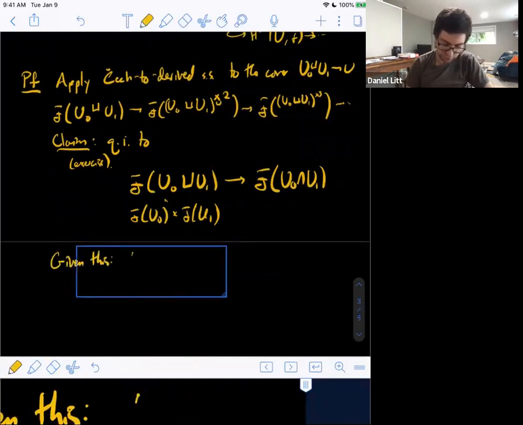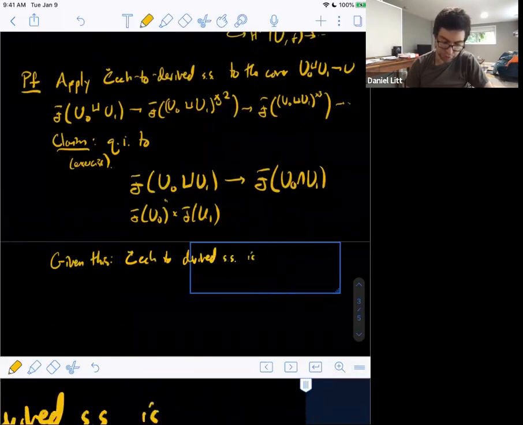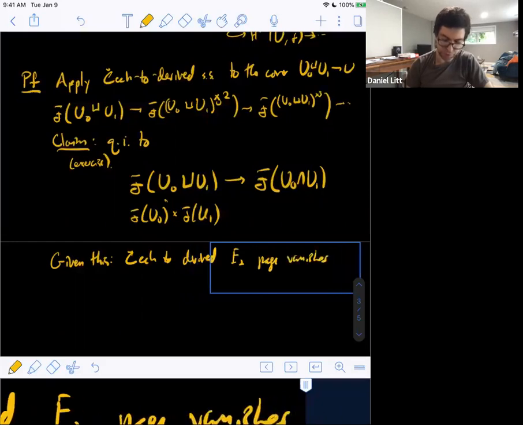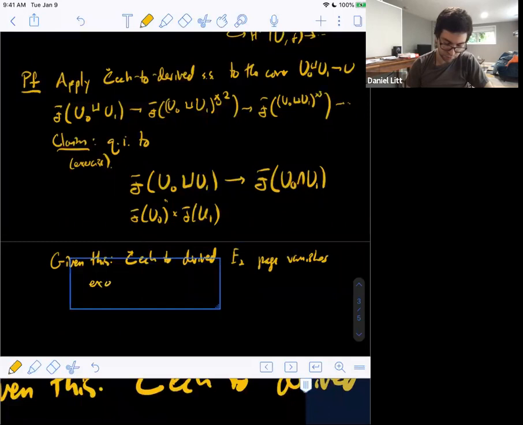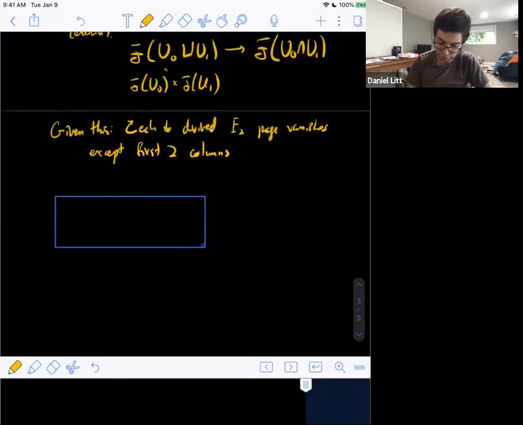the Čech-to-derived spectral sequence is now just, it vanishes. So the E2 page vanishes except for the first two columns. Let me draw a picture.